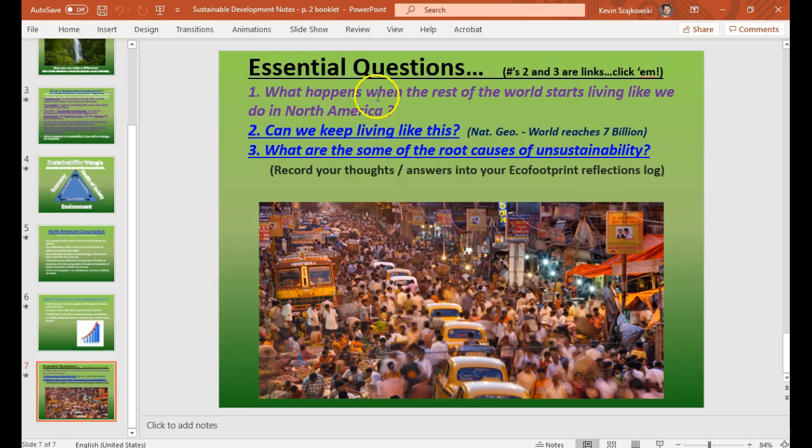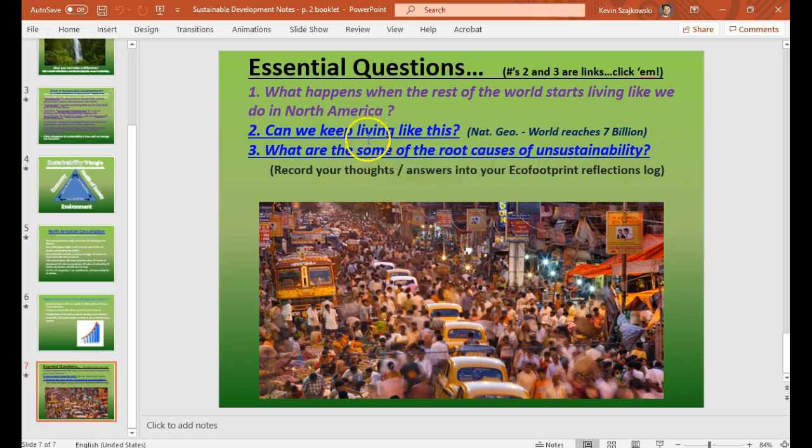So these three questions are where we're going to start to move our thinking. What happens when the rest of the world starts to live the way we do in North America? Can the world keep living the way that they are, and the way especially we are in wealthier parts of the world like North America? And what are some of the root causes of unsustainability?